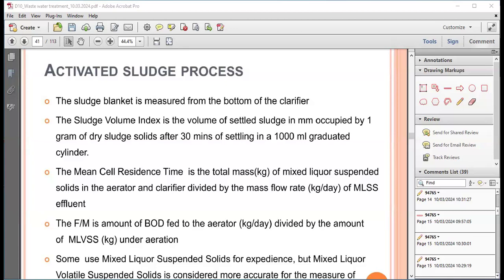In Sinhala sludge is called mada. Mada is called sludge. In English, sludge, so like mud.